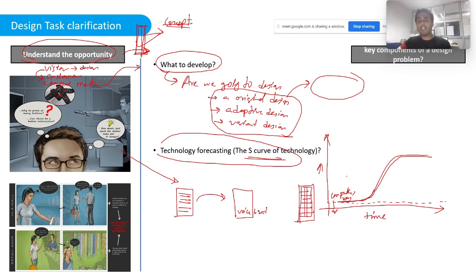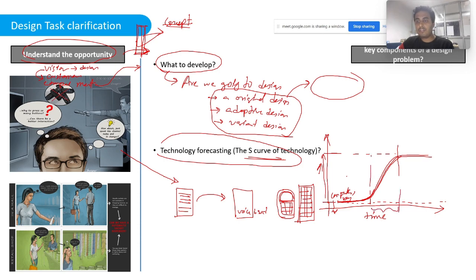And in previous generation phones, like the Nokia phones, we used to have keypads, where the user used to press and then interact with the interfaces. So this is how the technology evolved. Initially there are very few applications of these keyboard interfaces, and then suddenly a lot of products came. There was increased demand for this kind of interface, and a lot of technological growth happened after a certain phase.